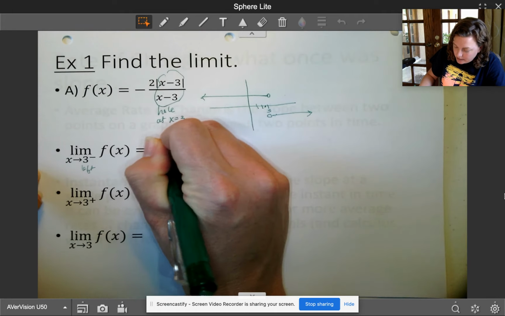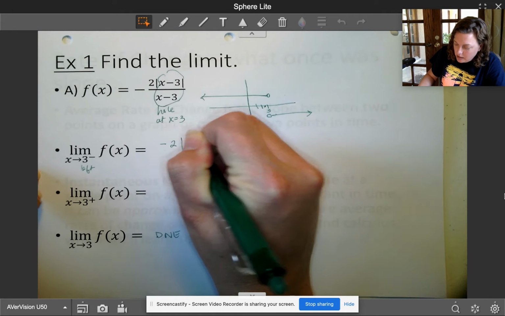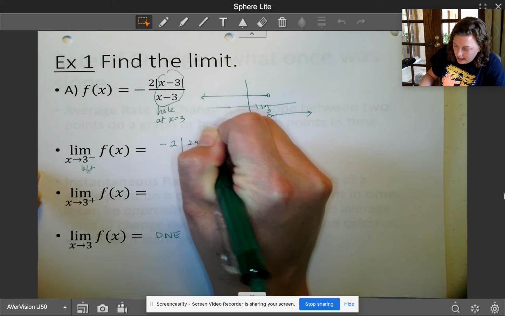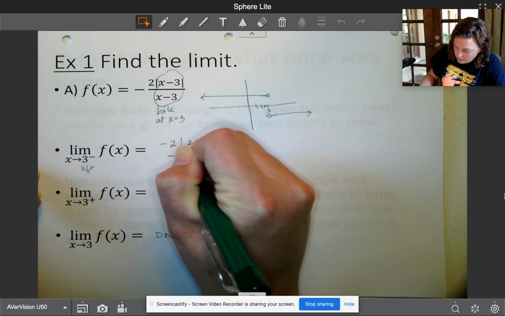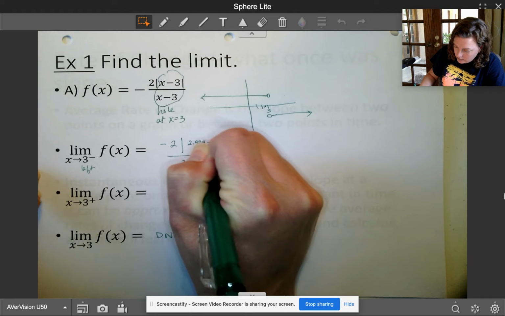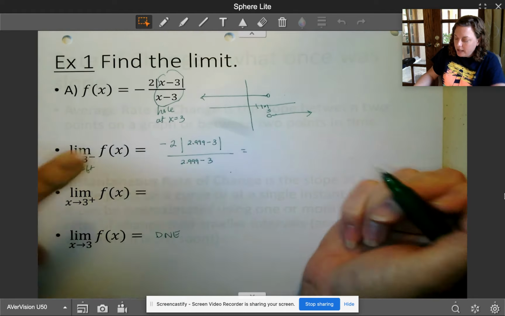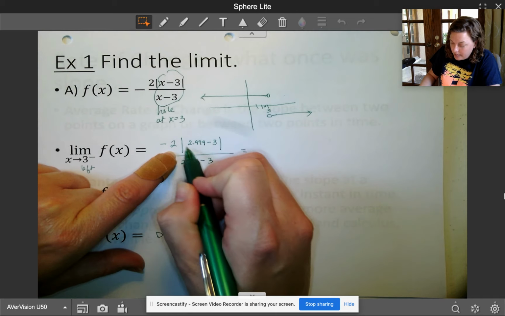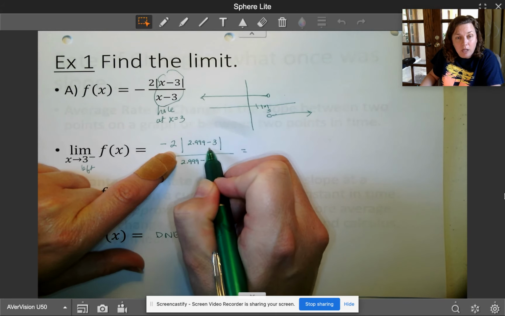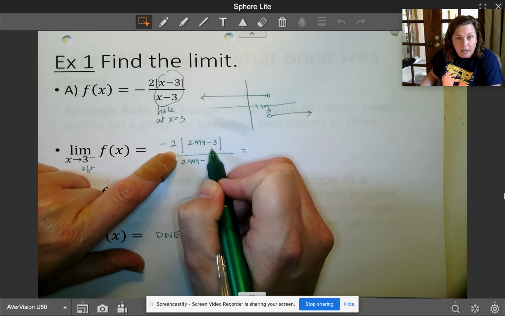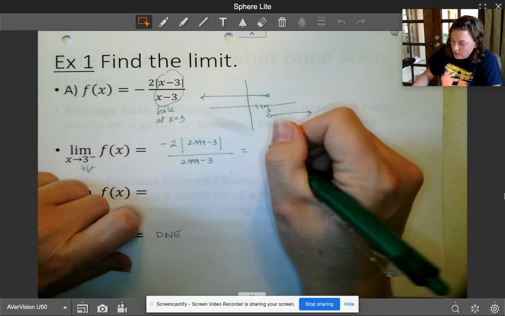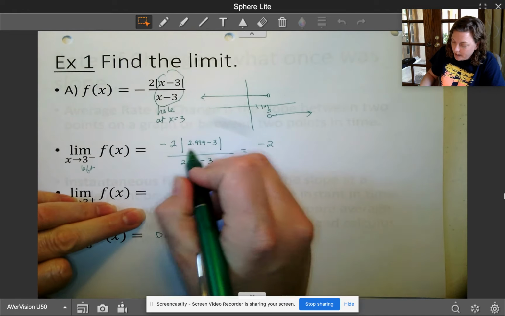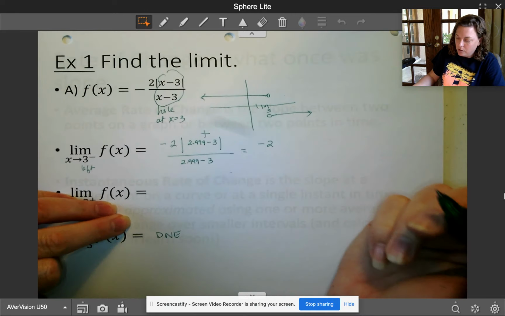So let's see what happens if I were to sort of plug in 2.999. Okay, so here in the numerator, we get this number that happens to be a negative result, but because it's an absolute value, it's going to come out as positive. We're left with a -2. Whatever this is, it's a positive result.